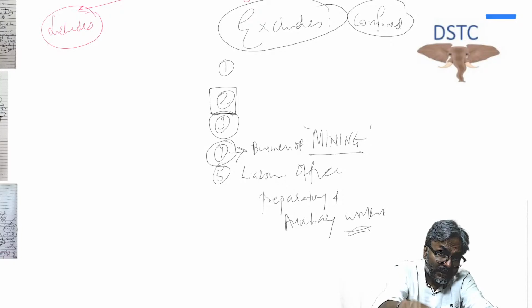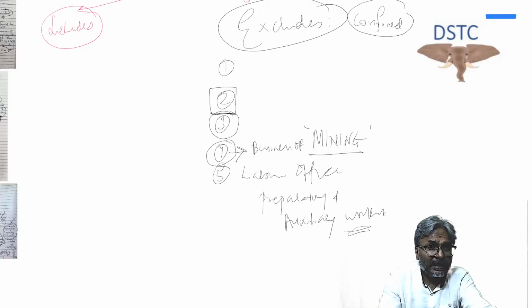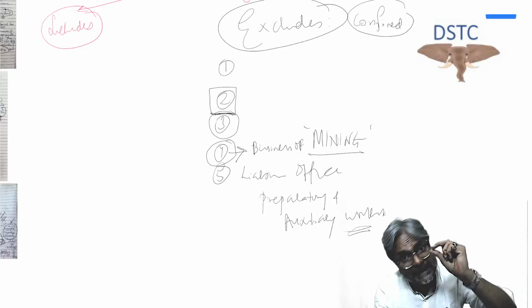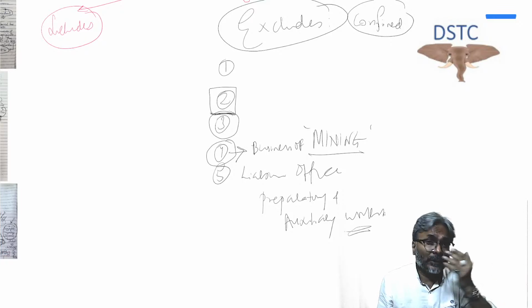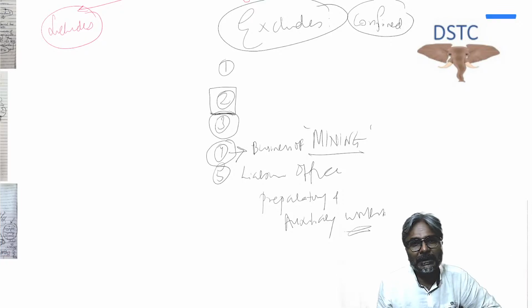In one of the examination questions, they used the word license office. But you know what this license office was doing? Are you aware of that? This license office, students, was also engaged in multiple activities.